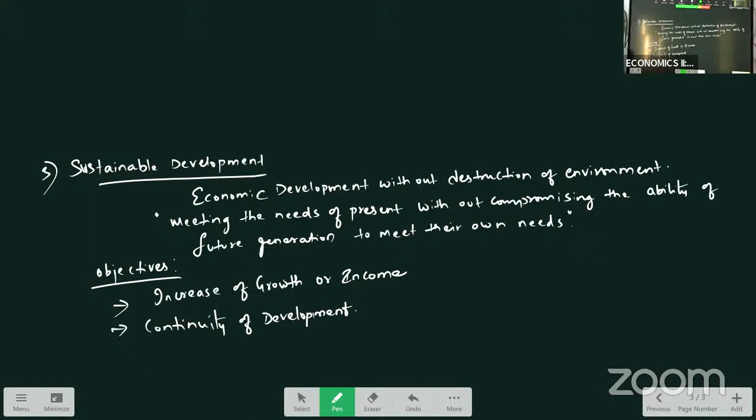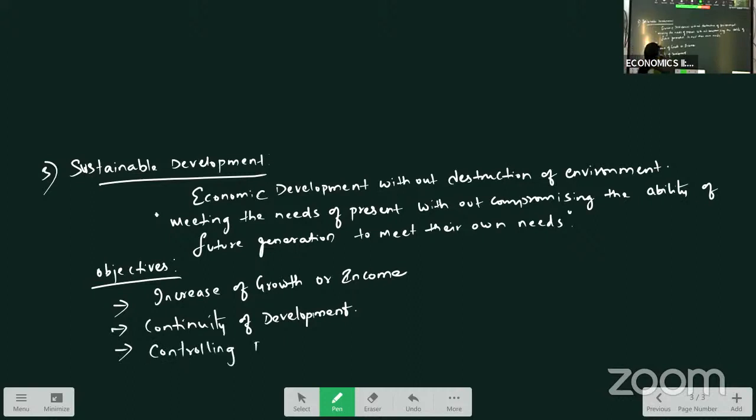Whatever resources we have, like physical resources, like our mineral ores, iron ores and all; human resources, like our labor; natural capital, natural assets which we get from nature, should be used in such a way that we can use them for our future development also. We should use these resources carefully so that in the future also we can use them and achieve our economic development.